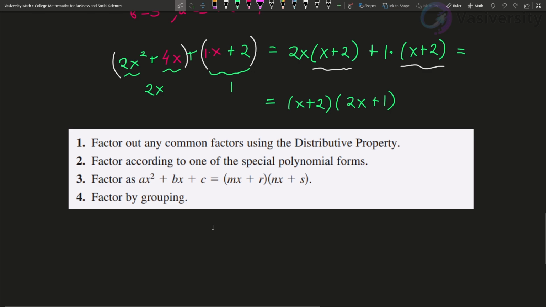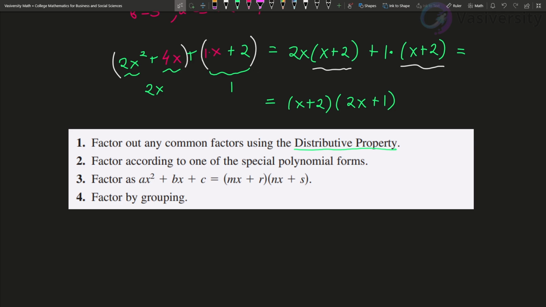We can first factor out any common factors using the distributive law. The distributive law is from the last lesson. Step 2, we're going to factor according to one of the special polynomial forms, if we can. If we cannot, we're going to skip step 2, because it might not be a special form, it might be prime, or it might be that we would have to use the cross method.